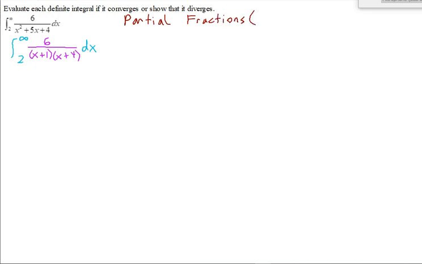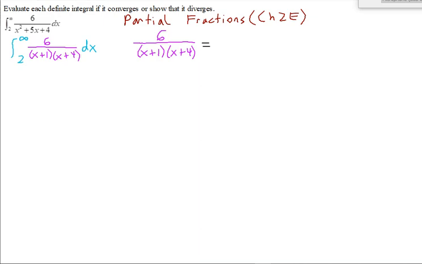And this one, you can look back at your notes. We originally went over this in Chapter 2, Section E, if you want to see some more examples of these kinds. So, remember, what we try to do is to decompose it into 2 fractions that are easier to integrate. So we take this 6 over x plus 1 times x plus 4, and we try to decompose it or break it into 2 fractions, each of which has one of these denominators as the factors.